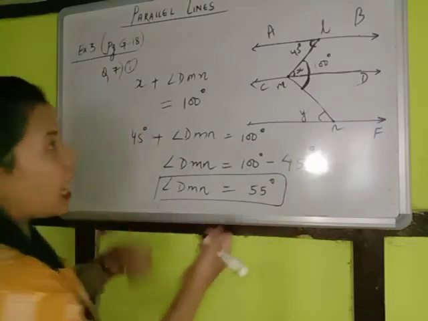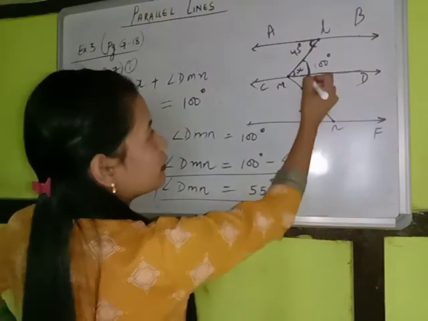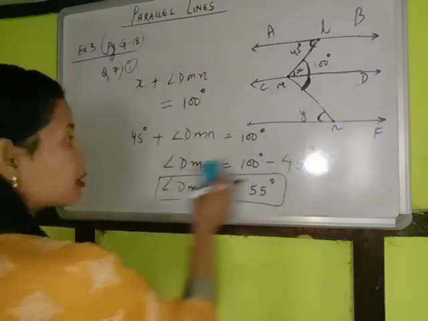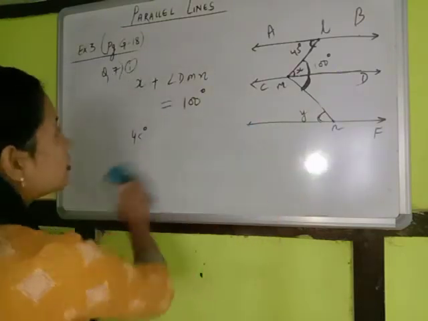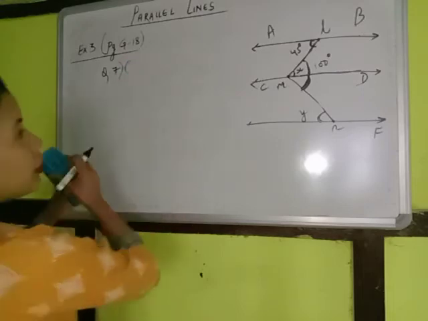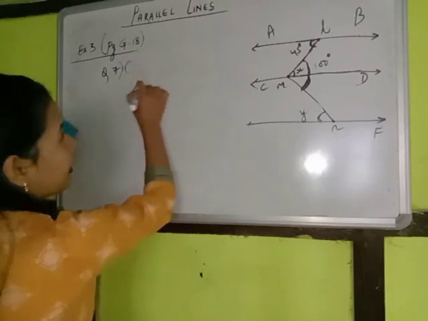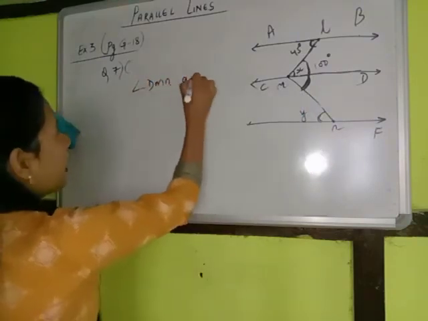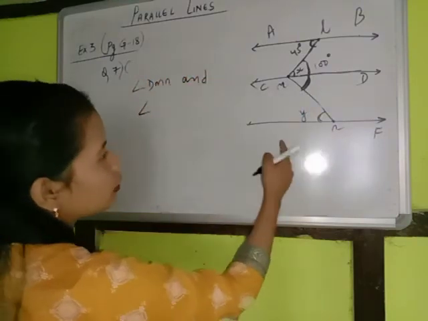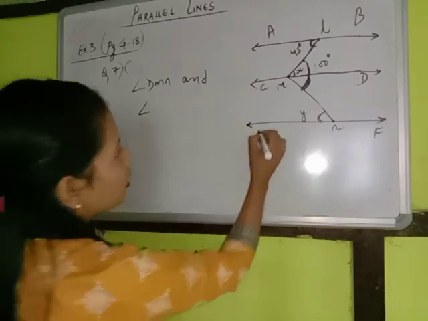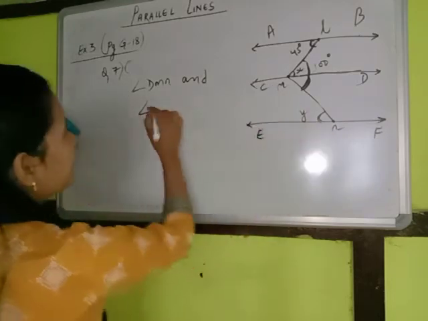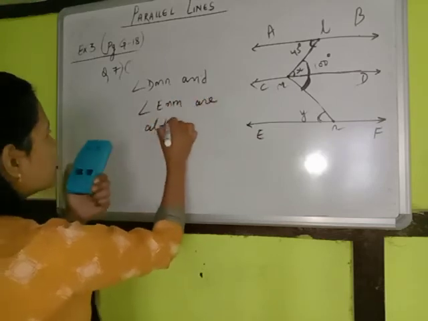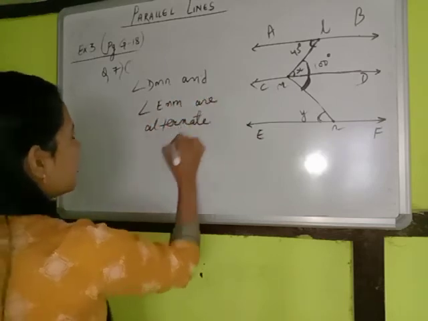Okay, so now DMN, this angle and this angle are what? Alternate angles, right? Angle DMN and angle ENM are alternate angles.